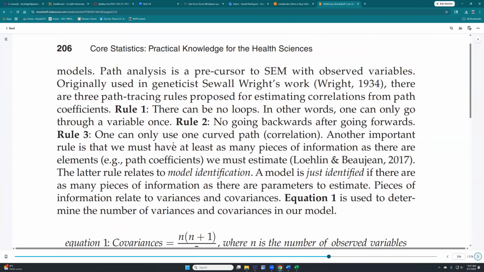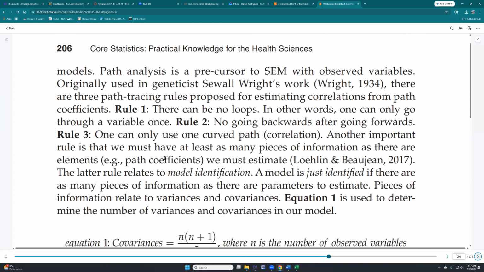Rule number 1, there can be no loops. In other words, and I'll show you all this, don't worry. Rule number 1, there can be no loops. In other words, one can only go through a variable once. Rule number 2, no going backwards after going forwards. Rule number 3, one can only use one curved path or one correlation.